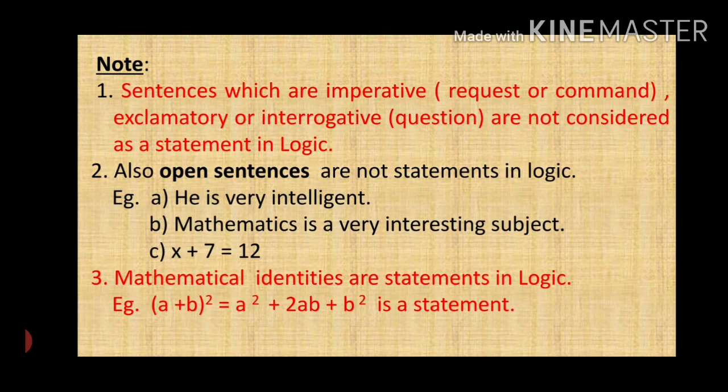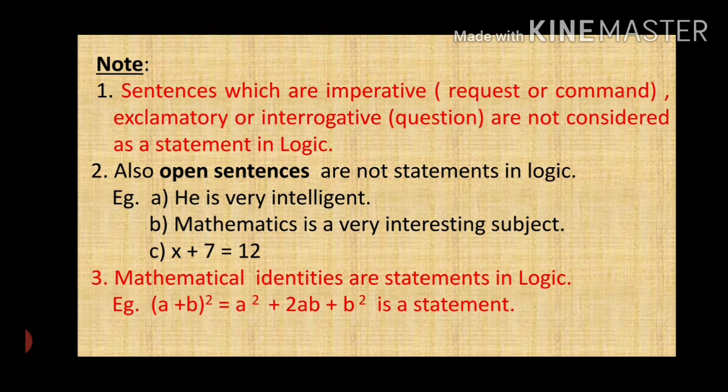Correct? See, for example, suppose he is very intelligent. Now, over here, we don't know who he is. So, as the reference to this word he changes, this statement can be true or false. If you are talking about some good intelligent boy, then this statement will be true. But if the boy is not so good in studies, then this statement is false.